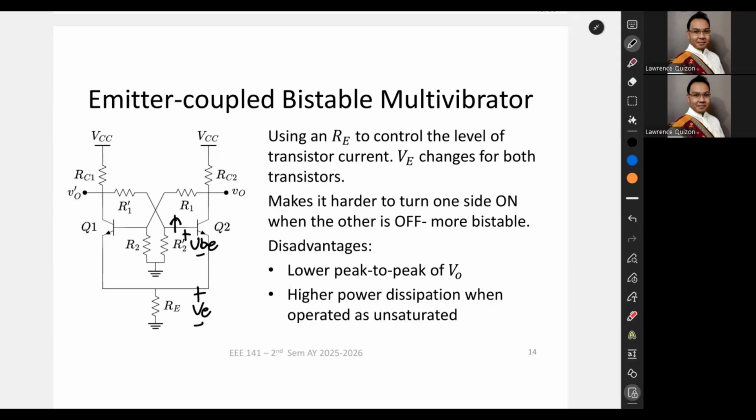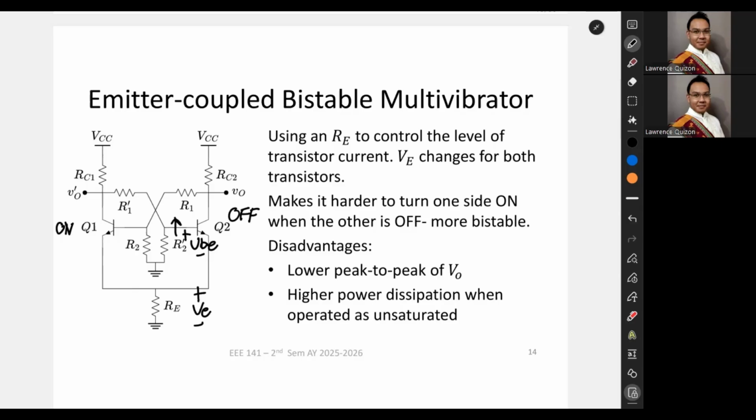So it's actually harder to turn one side on. For example, if this side was on and you're trying to turn this side on by charging this portion up, so this side is off, by the way, we're trying to turn it on. We need to raise this voltage up.